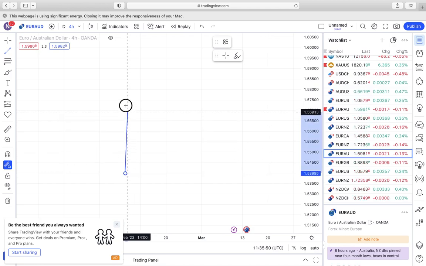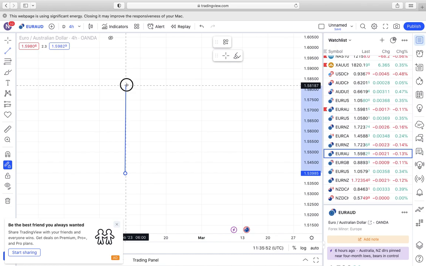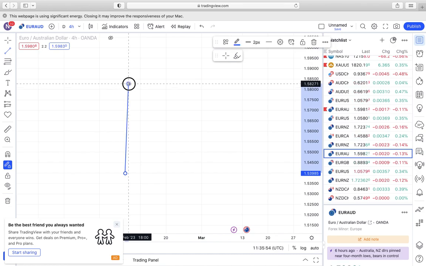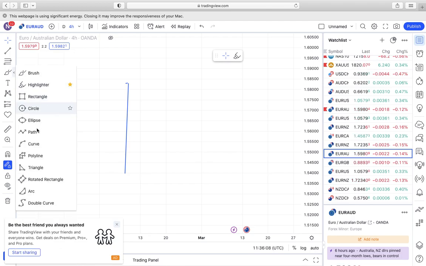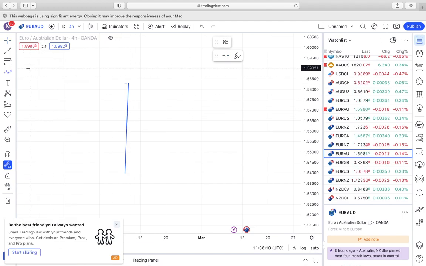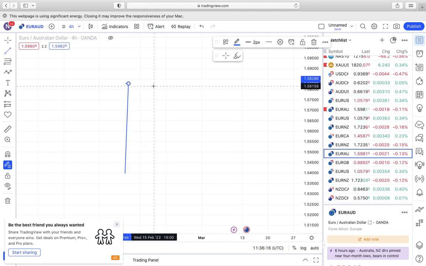Let us start with the ascending. Some people call it a flag. Let me say the market has been moving this way. Then when the market reaches here, it moved this way.